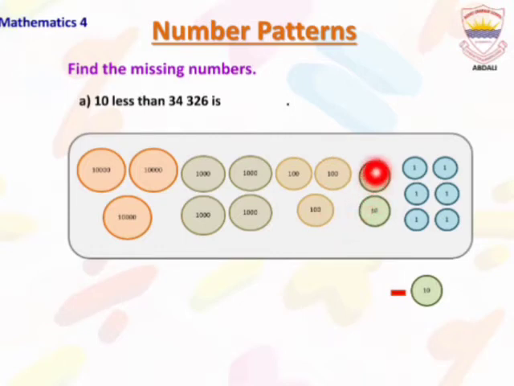We take away tens from our tens number disks. When we take away 1 ten from the 2 number disks of tens, the remaining disk is 1. We get 34,316. The change in our tens place is 1 ten.